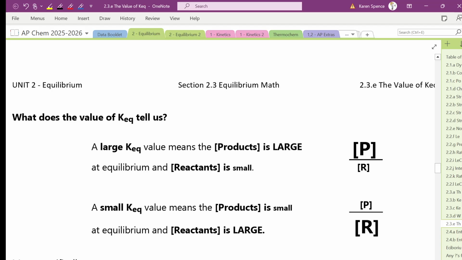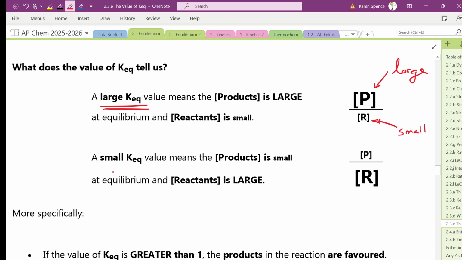What does the value of KEQ tell us? A large KEQ value tells us that the concentration of products is large, and the concentration of reactants is small. A small KEQ value tells us the opposite. And what do we mean by large? Large means KEQ is greater than 1. What do we mean by small? KEQ is less than 1.